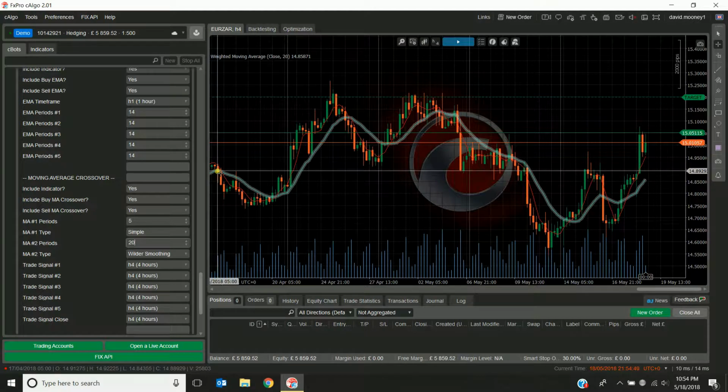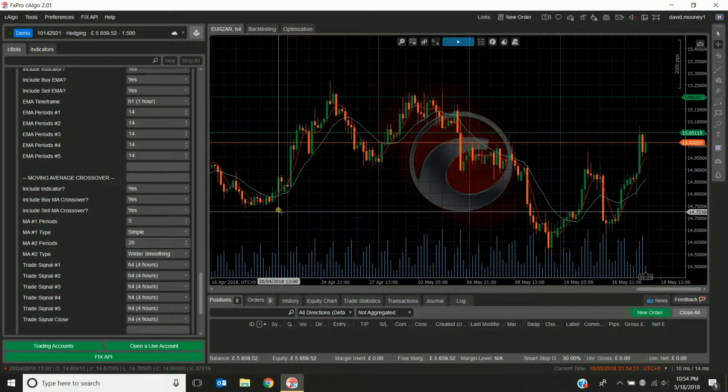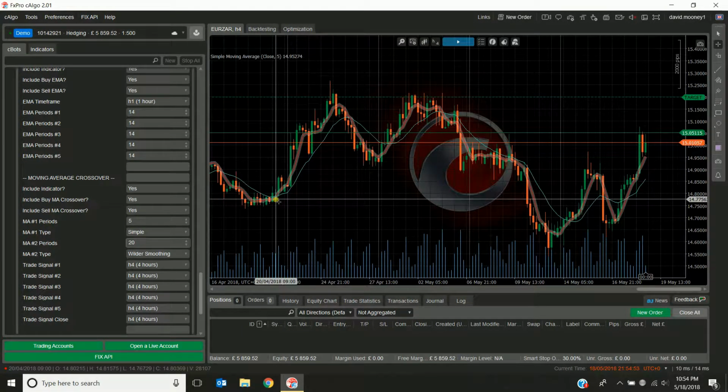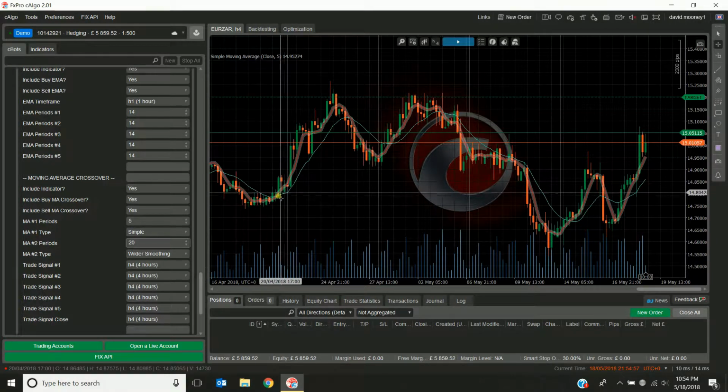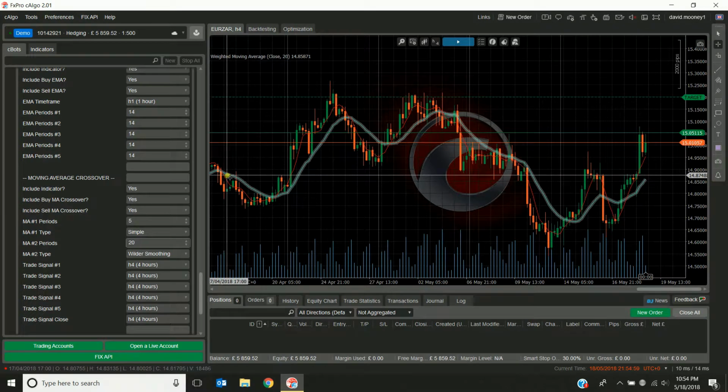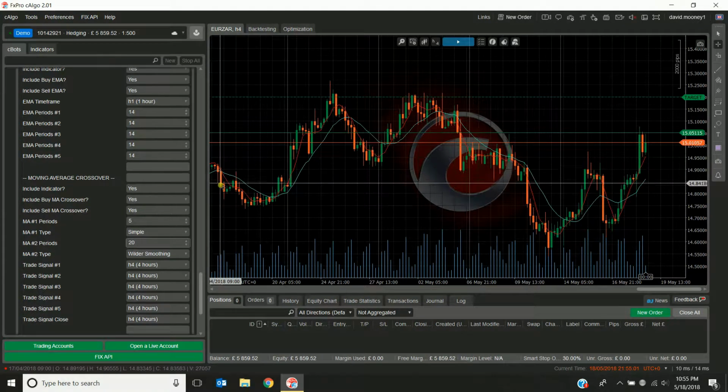It would then close the trade somewhere in this candle over here when the signal line again crosses above the main line. So let's just see, out of interest, taking the middle of the candle as a reference point and the middle of the closing candle as a reference point, how many pips that trade might have been.